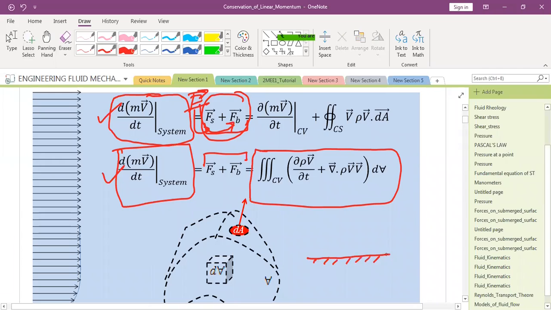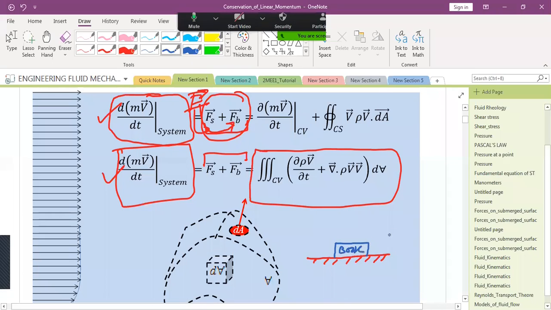So if this was a table and this was a book lying on the table, if I ask you to draw the free body diagram of this book, what surface force will be acting on this book? Normal reaction. So that is acting on this surface. What else will be acting on this book?